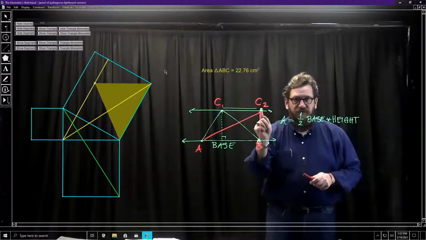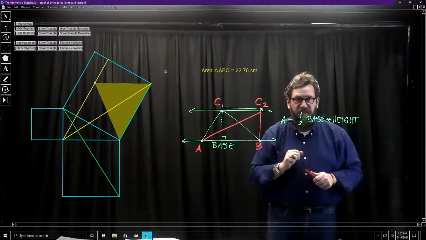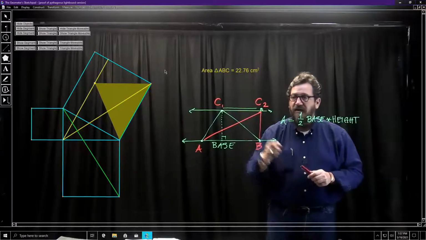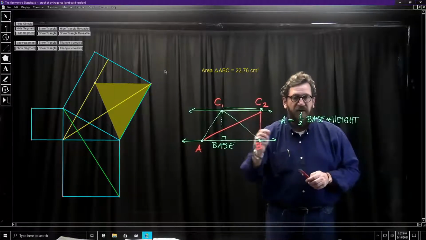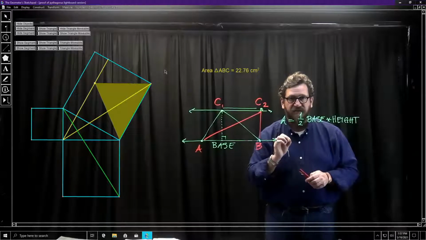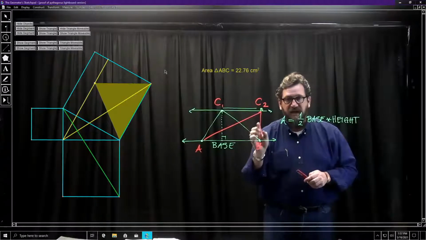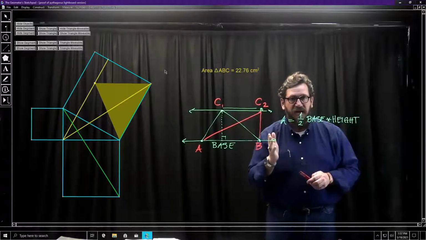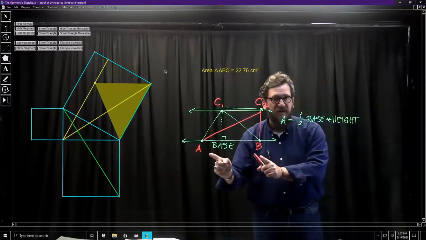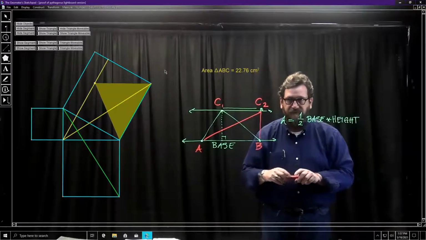But if these two lines are parallel to each other, what did we know about the height? Well, I could remeasure, but I know the measure between parallel lines is a constant. That means that a triangle trapped between parallel lines must have the same area as long as we leave the base fixed.